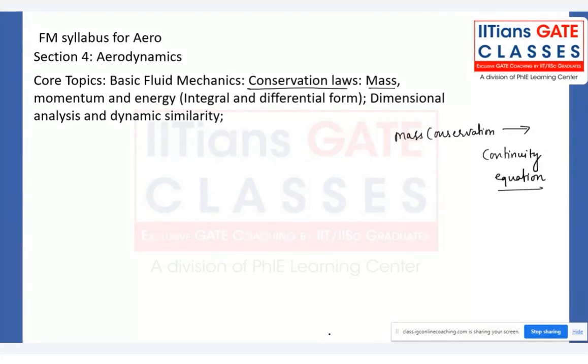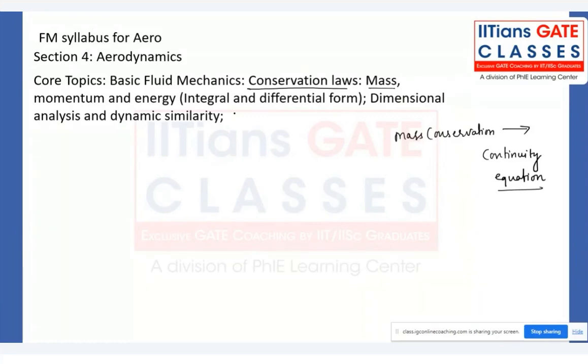Then we will have dimensional analysis and dynamic similarity. But basically, when we say these things, precisely we are dealing with the core fluid mechanics topics they have mentioned. Definitely you will learn mass, momentum and energy conservation once again from the aerodynamics faculty also, right? So that is not my main aim in this class.